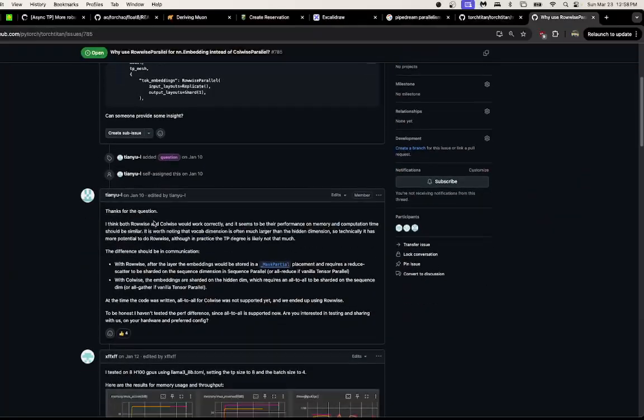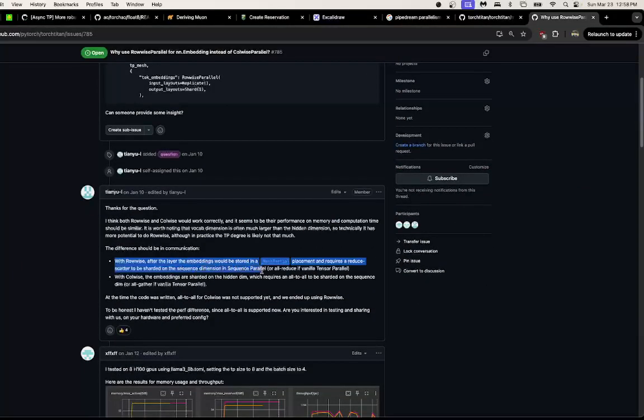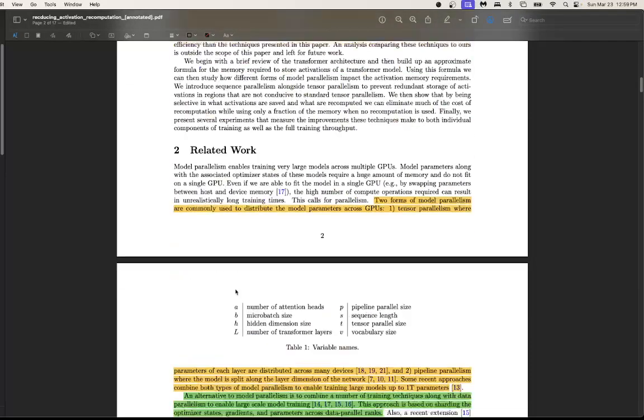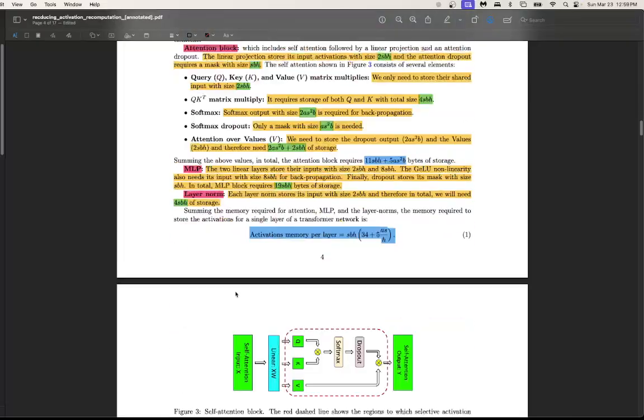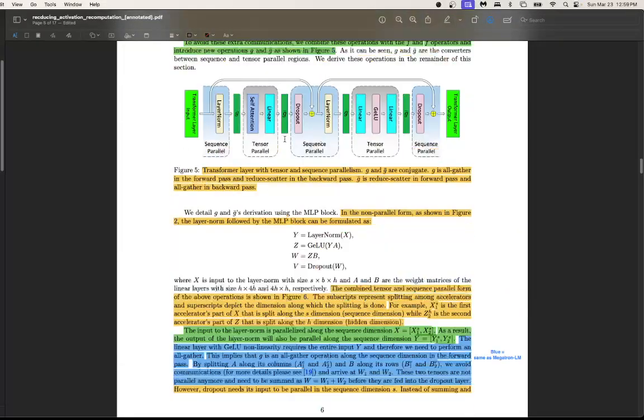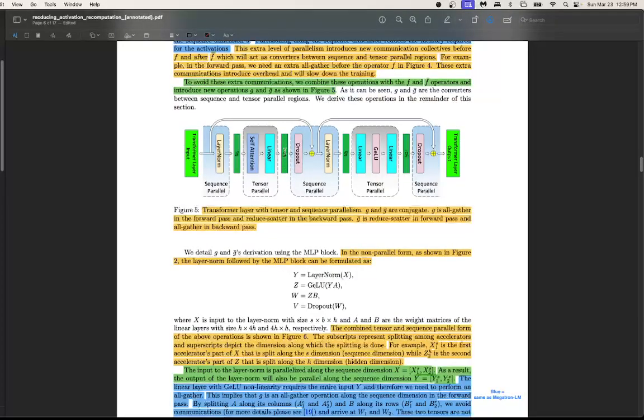But basically, in this answer, he said, if the next layer is partitioned across the sequence dimension, then it would require a reduce scatter beforehand, which is exactly what we talked about in this paper today, right? They do a reduce scatter here, this G bar operator, reduce scatter on the tensor parallel region before entering the sequence parallel region, right?